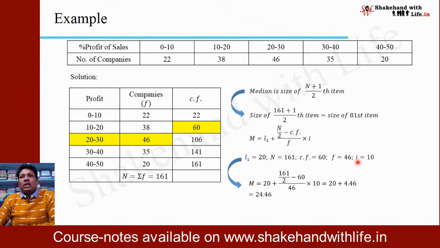I is the class width, which is 10. Now put all these values in the formula. M equals 20 plus (161 divided by 2 minus 60) divided by 46, multiplied by 10. This equals 20 plus 4.46, and the median comes as 24.46. This is the median value for this data series. This way you can calculate the median for a continuous data series.